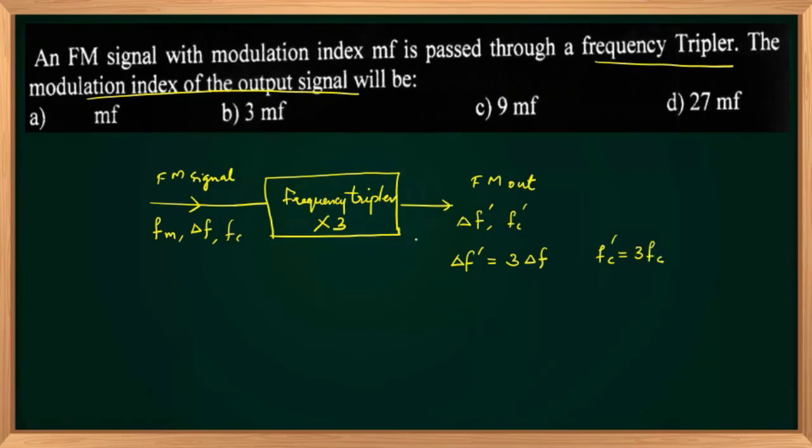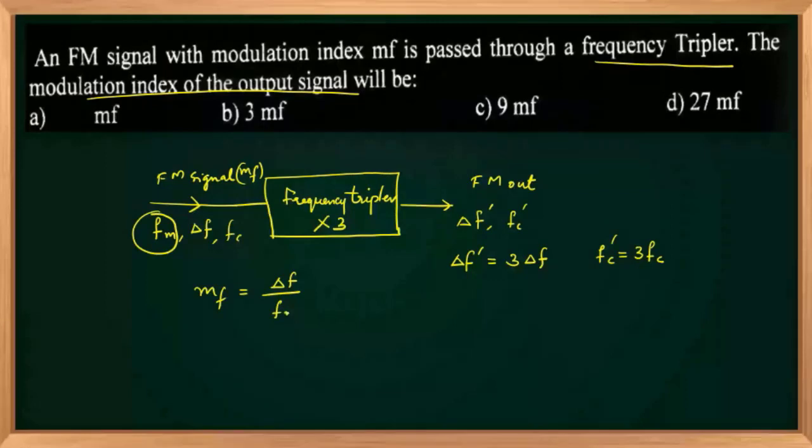So both the deviation and center frequency are multiplied by 3, but the modulating frequency, which is not present in the FM signal, will not be multiplied by this factor. Therefore, the modulating frequency remains the same. Modulation index equals delta F divided by FM.